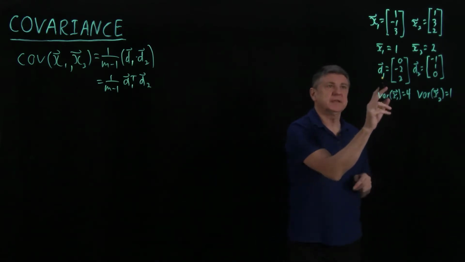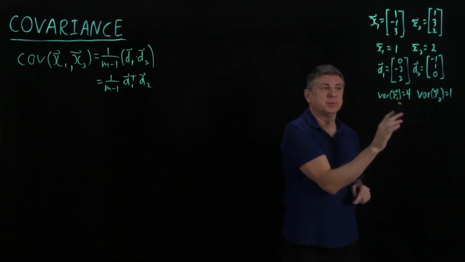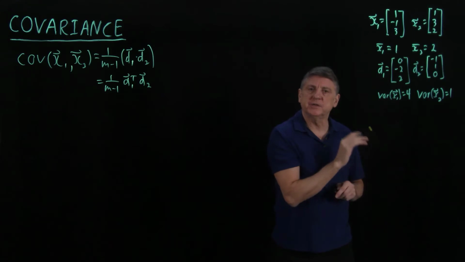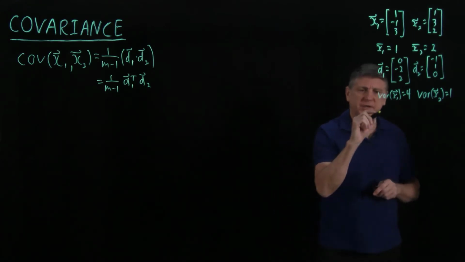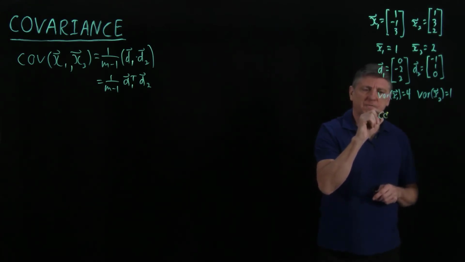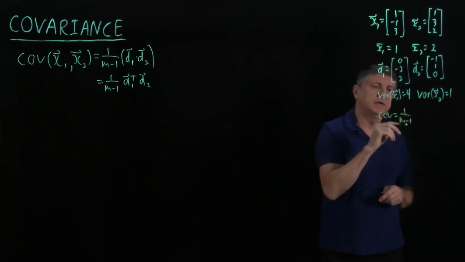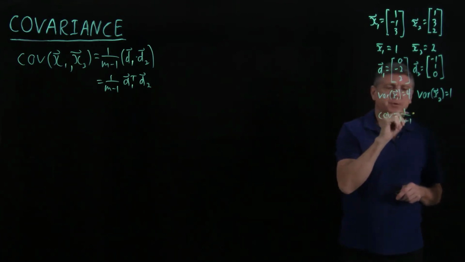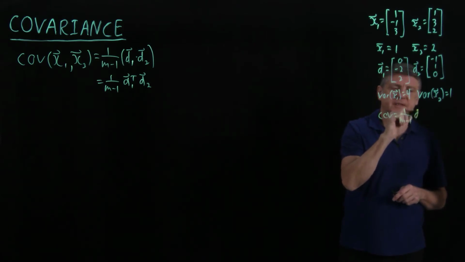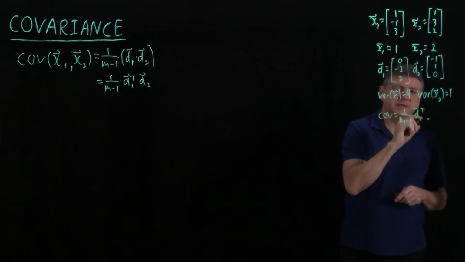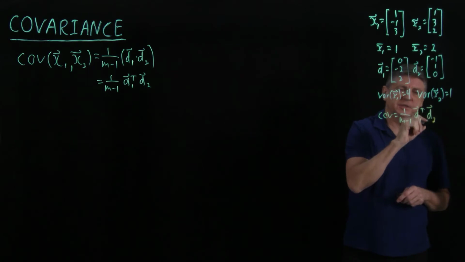Previously, we figured out what the variances were for the data. Now the question is, what's the covariance? Here, the covariance is 1 over m minus 1, and let's use the transpose form, d1 transpose d2.